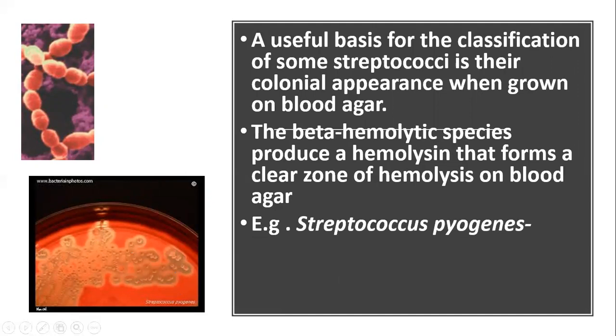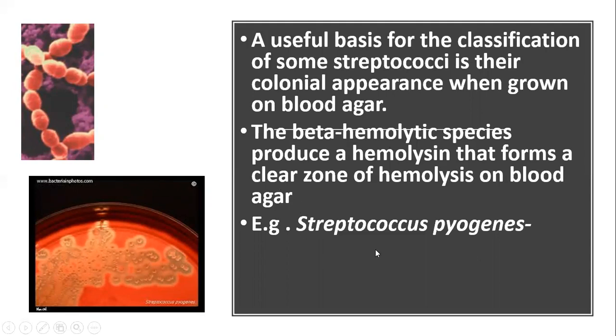For example, we have Streptococcus pyogenes. One of the examples that you have heard about is Streptococcus pyogenes, which is one of the beta hemolytic species. So on blood agar, if you have, for example, two strains, one of which is Streptococcus pyogenes and another strain, and somehow the culture is mixed, you can separate them simply by culturing, streaking them on the blood agar.